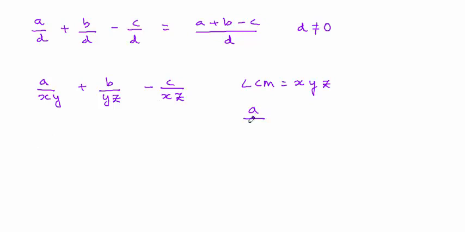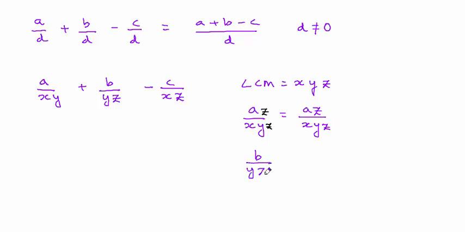So to start with, a over xy is equal to something over xyz. If you look at this xy and this xyz, you'll probably realize that all we have done over here is multiplied xy with z. Therefore, to find an equivalent fraction, all you do is multiply the numerator and the denominator with z. Therefore, this is going to be nothing but az over xyz.